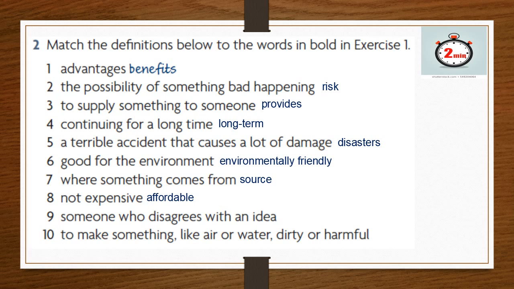Number 6, good for the environment. Environmentally friendly. Where something comes from. Source. Not expensive. Affordable. Someone who disagrees with an idea. These are opponents. And finally, to make something like air or water dirty or harmful, pollute.